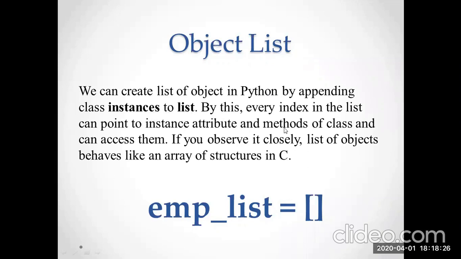By this, every index in the list can point to instance attributes and methods of the class and can access them. If you observe it closely, a list of objects behaves like an array of structures in C. So this line will initially create an empty list of objects. And with the append method, slowly we are going to add the objects to the employee list.